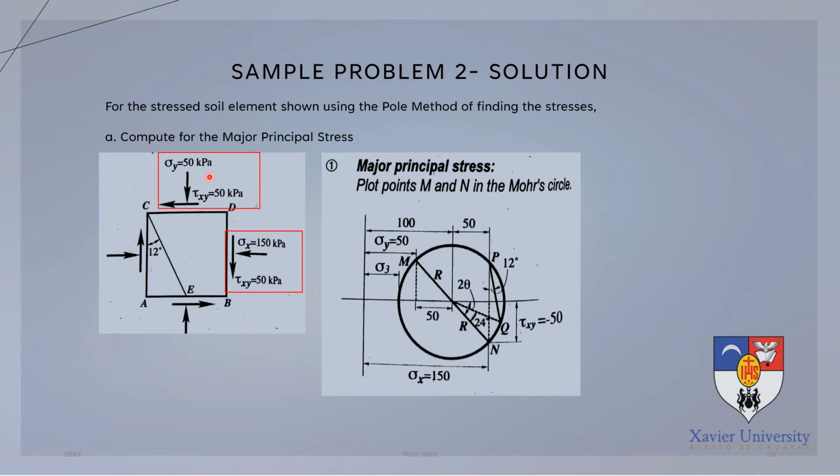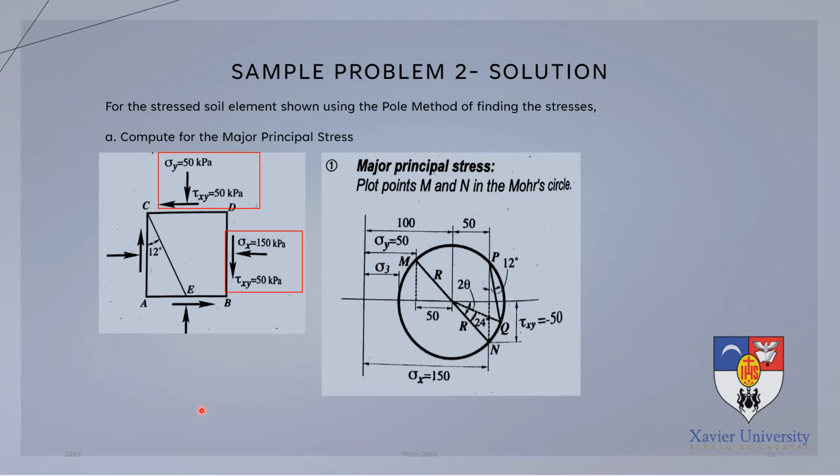We know that the normal stress will serve as the abscissa, or the x coordinate of our point, and the shear stress will serve as the ordinate of our point in the Mohr circle. So there are two points, since there are two sets of coordinates.